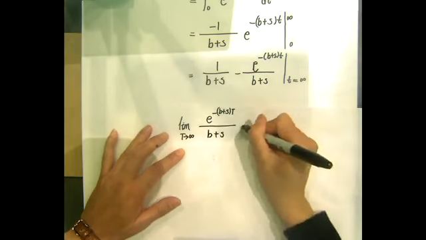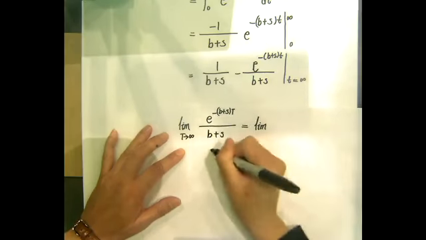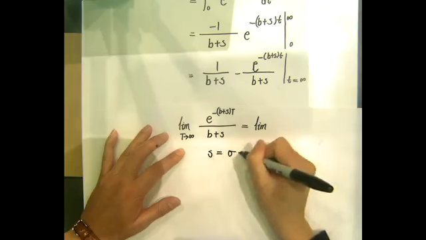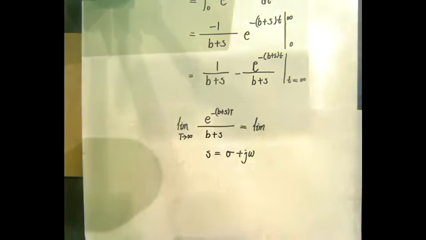I will write down my s, which is also my real part sigma plus my j omega imaginary part.